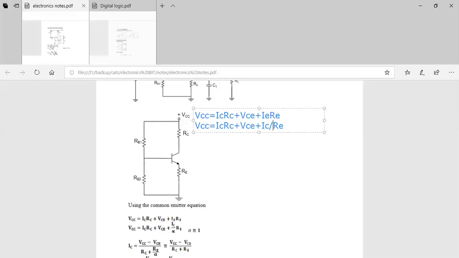Let's take A to be alpha. If you do it this way, when this is alpha, then it gives you IE. You have replaced that with IE. So sometimes you can also approximate, and say that IE is almost equal to IC.